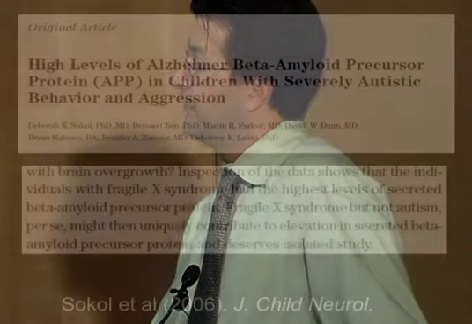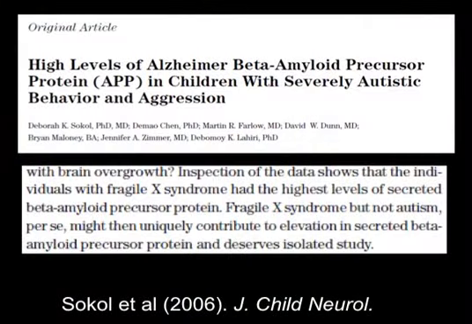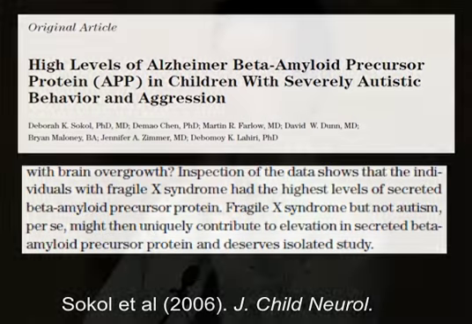Okay, so my last topic is about aging. A number of years ago, there was a paper published suggesting that children with autism had higher levels of amyloid precursor protein. This is the protein that confers more risk for the plaques and tangles that you see in Alzheimer's disease.